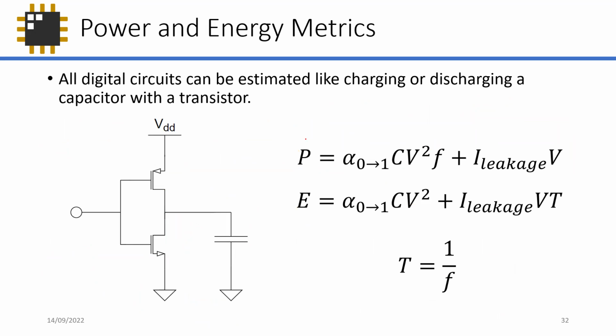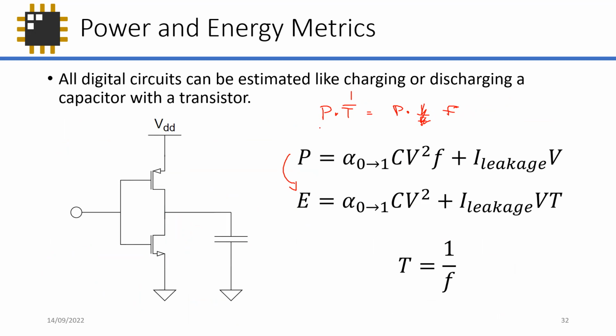Energy, as I mentioned earlier, the next one here, you can translate from power. You can translate it to energy. So it's literally power times the period, which is equivalent to power times 1 over f, or power divided by the frequency, right?